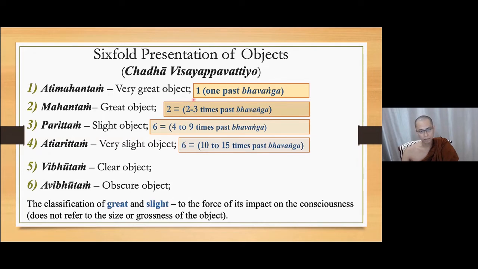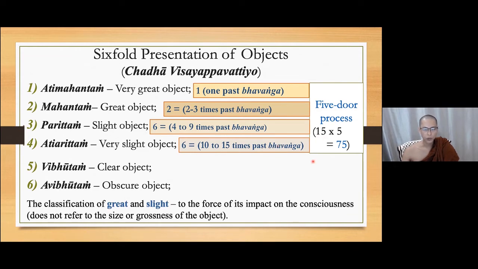So altogether 15 mental processes we can count. So 15 types of mental process, due to the difference of the qualification of the objects. In each 5-door process, they have the 15 types of mental process. So 5 doors, 15 multiplied by 5 becomes 75.